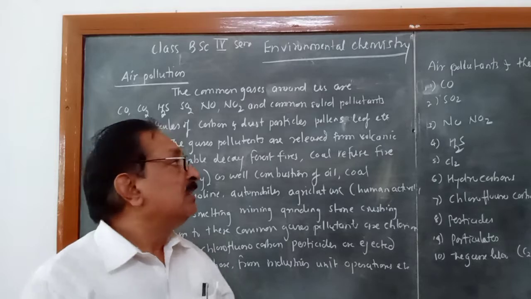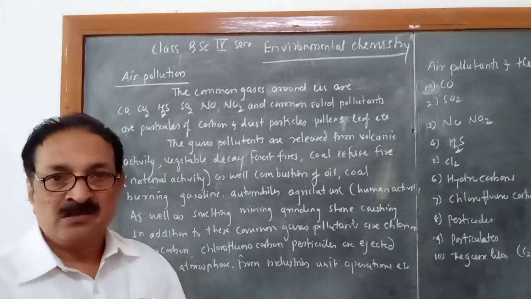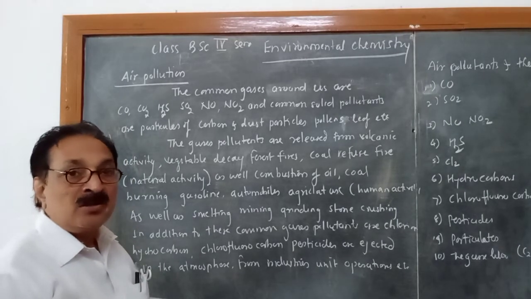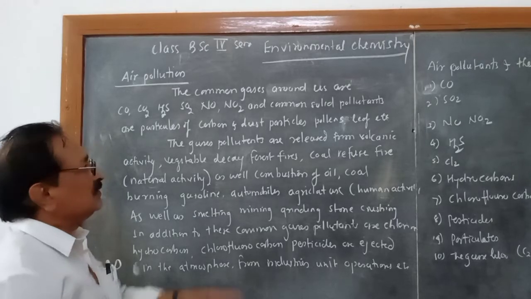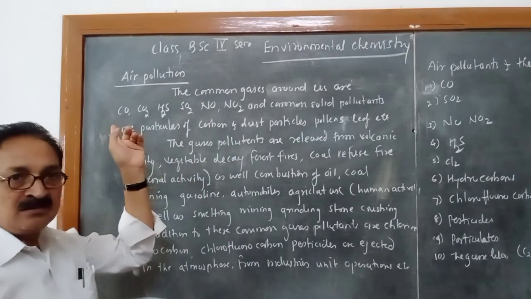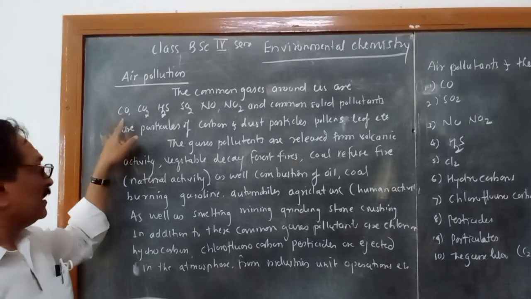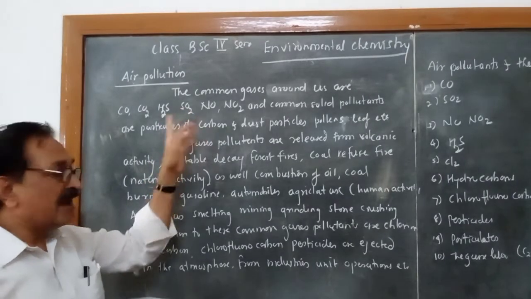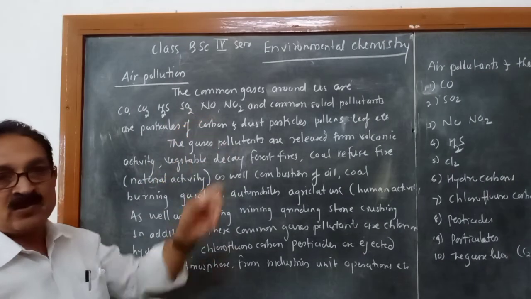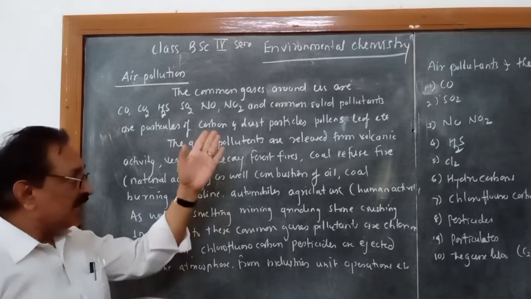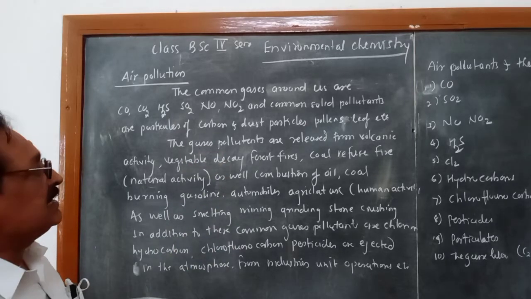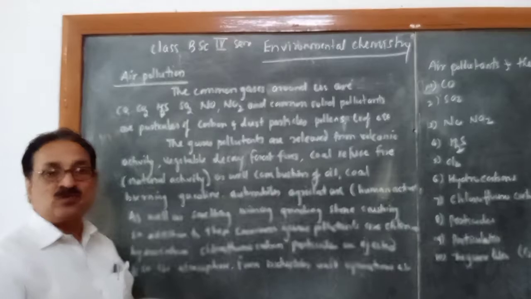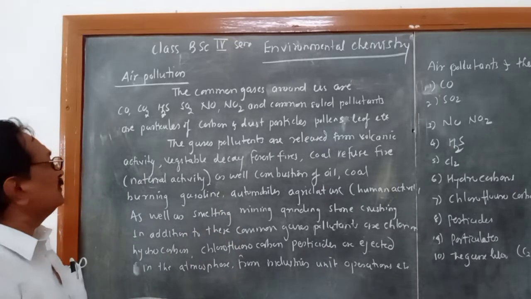You know, the air around us is not pure, it is not clear, it is not 100% pure because the air is contaminated with some of the gases like carbon monoxide, carbon dioxide, hydrogen sulfide, sulfur dioxide, and oxides of nitrogen like nitric oxide, nitrogen dioxide, etc. Not only these, the common solid pollutants are also spread in the atmosphere.